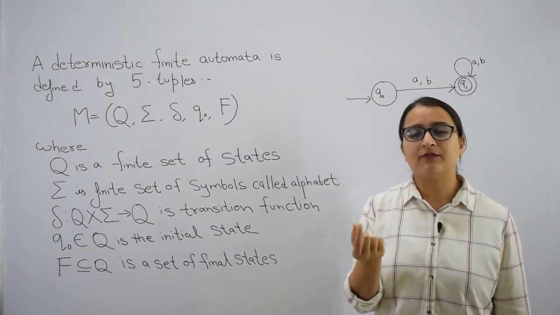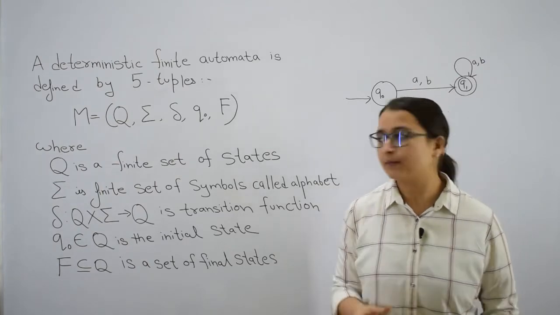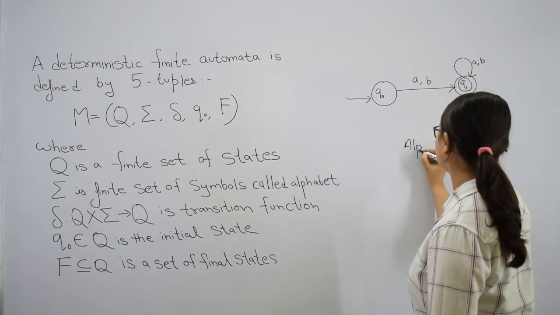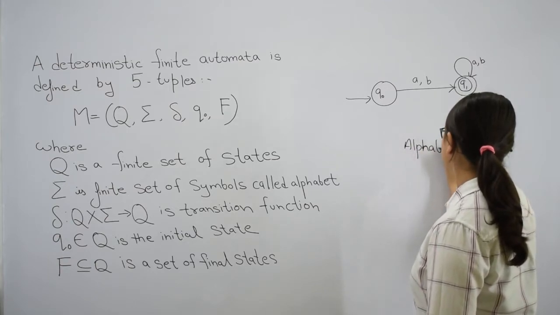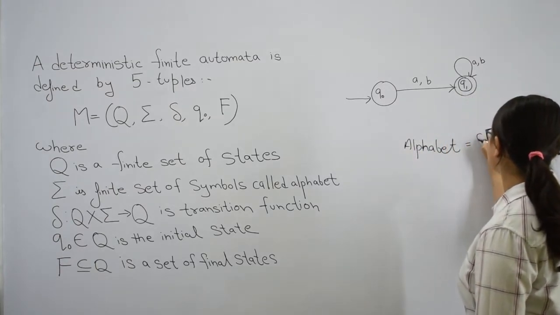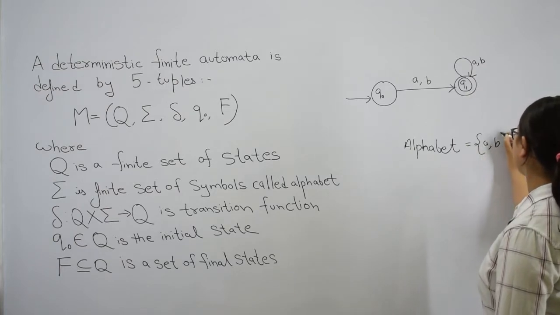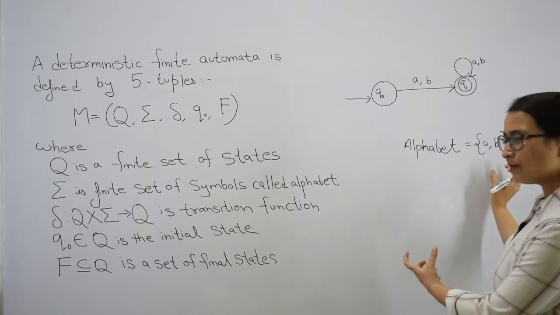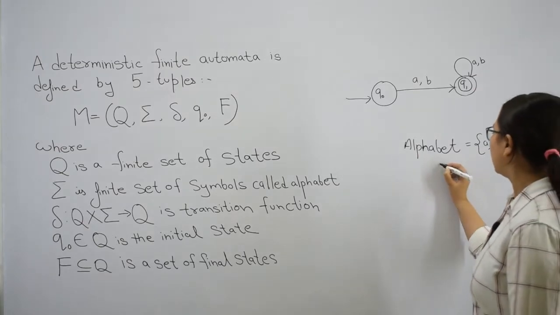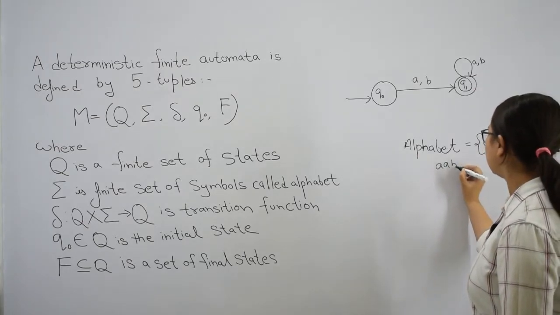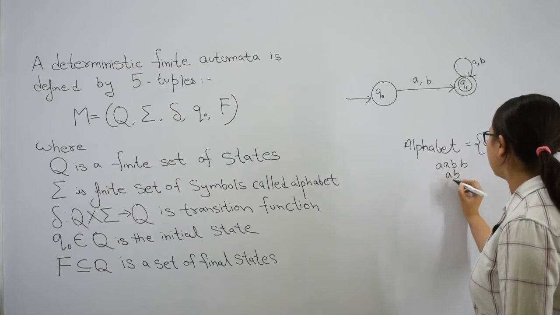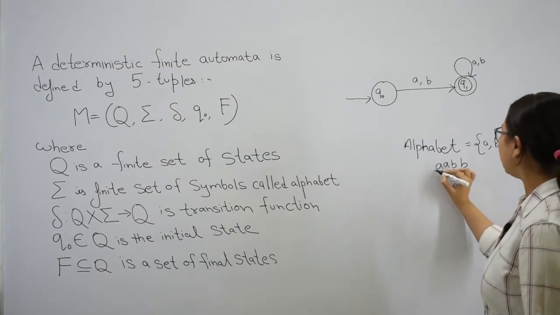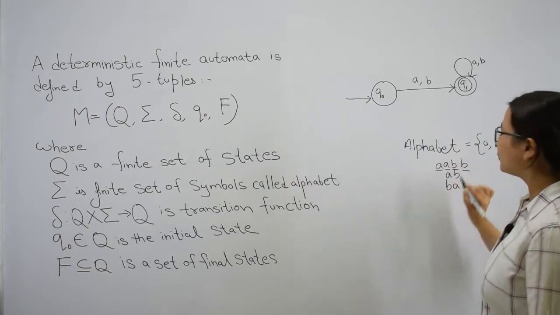For example, if an alphabet is a set of symbols, for example, the set A comma B, a set of two symbols. Now a string over this alphabet could be A, B, B, A, B, B, A, right? What I mean to say is that these symbols could be repeated.